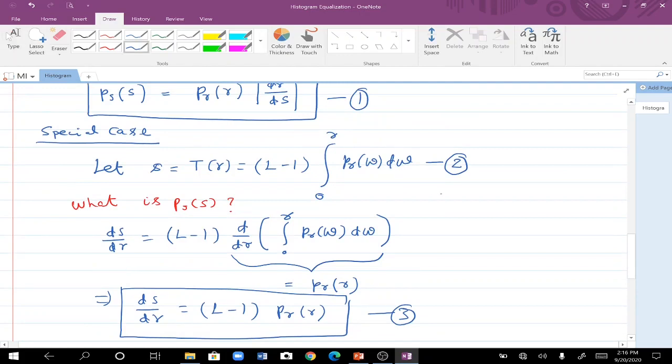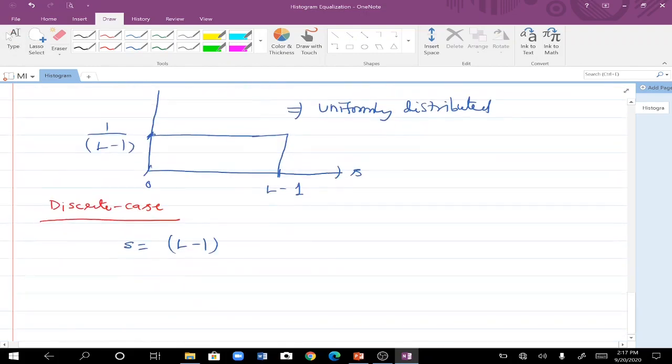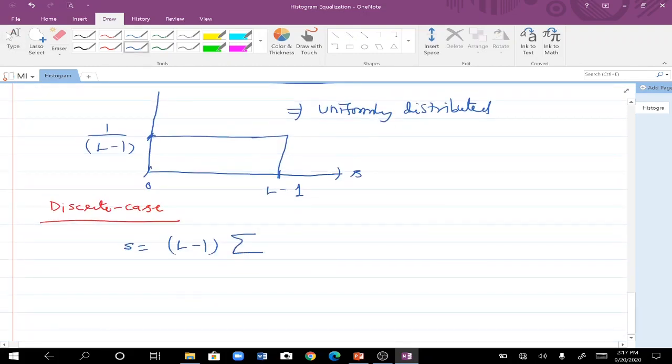You want to consider a discrete equivalent of it, since this value is there only at integer values of omega. So that would be summation. Let me use here a variable I varying from 0 to r, then pr of I. That's all. pr of I.